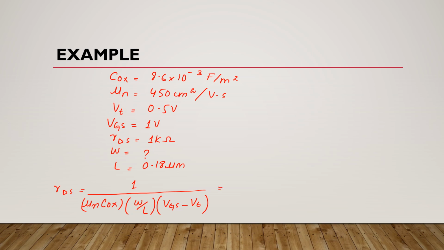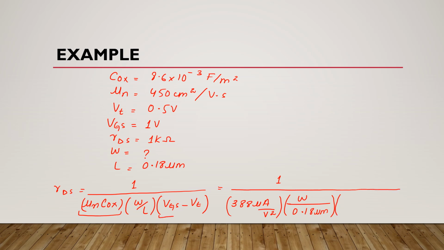Now after putting values here, this term is equal to 388 microamperes per volt square, and here we have W divided by 0.18 micrometer, and after solving this term you get 0.5 volts.